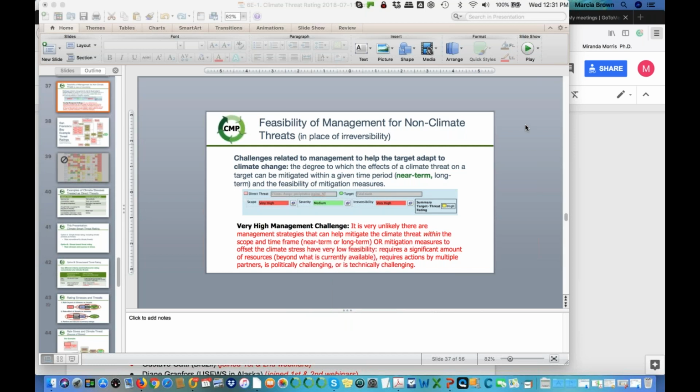Thanks. Yeah, we mean feasibility for the team that is managing this, but really asking, is there something that could be done? Although we have the amount of resources as a part of it, whether or not you have those resources is going to be different if you're a large agency versus a small NGO.